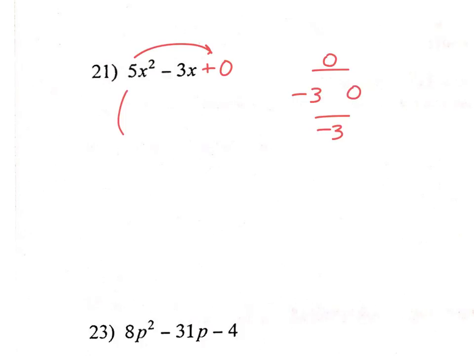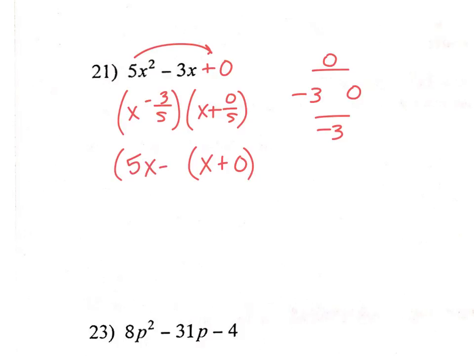All right, so since we moved the 5, we're going to do x minus 3 over 5, x plus 0 over 5. If it divides, divide it, so this is going to be x plus 0. If it doesn't, bottoms up, so this is going to be 5x minus 3. And another way to write x plus 0 is just to write x. So another form of this would be x times 5x minus 3.